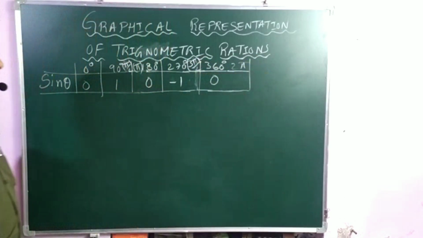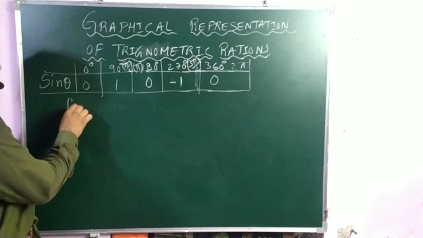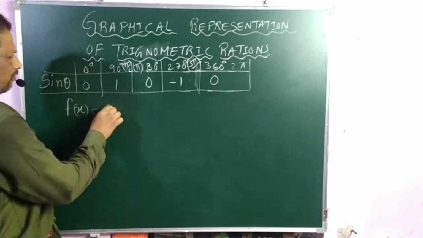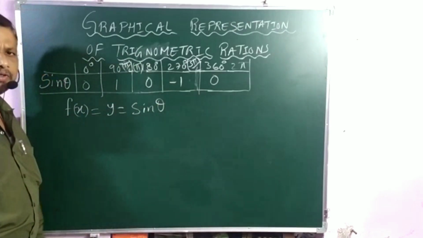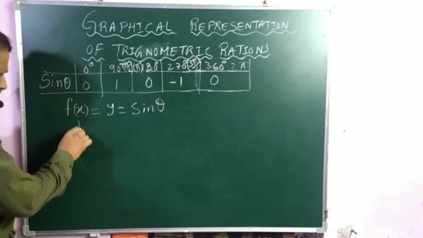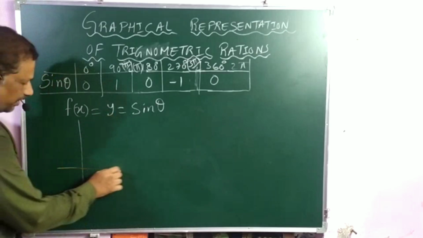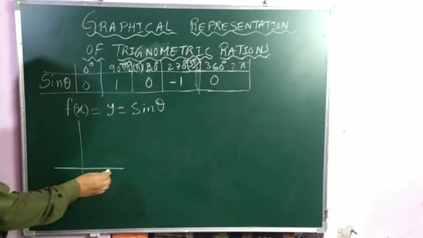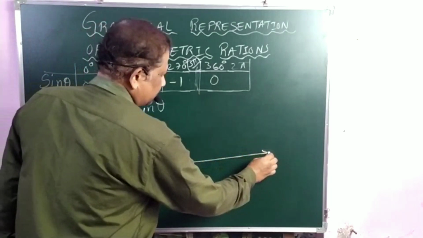So now we will represent a sine function on the graph. For the function f of x, or y, is equal to sine theta, we consider f of x or y on the y axis and the theta value on the x axis.